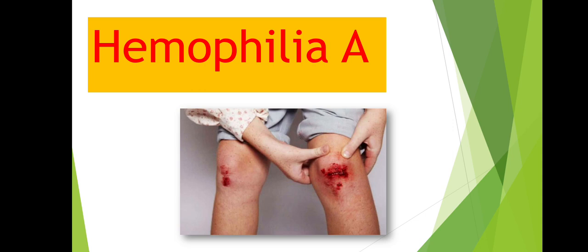So what is hemophilia? Hemophilia is a bleeding disorder. We have hemophilia A, B, C, and D. However, A is the most common one, and I've put A there. So this one is a bleeding disorder. Why?